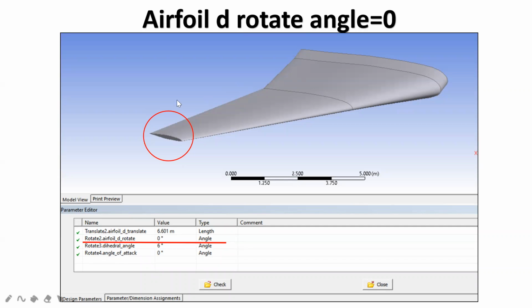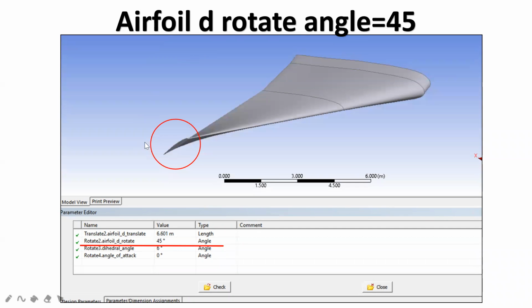Now we have kept this edge airfoil at 0°. When we move it to a certain angle, see, we have kept the derotate angle at 45°, and now you can see the difference.